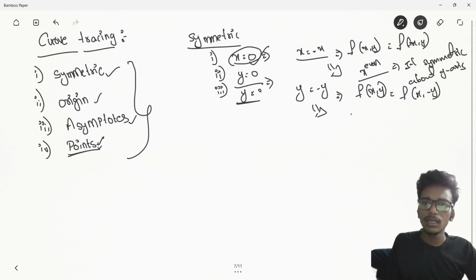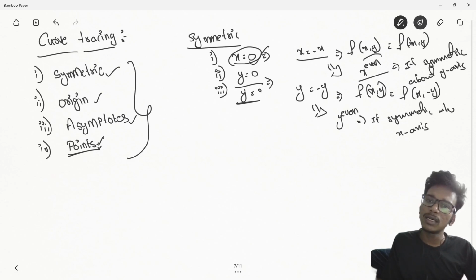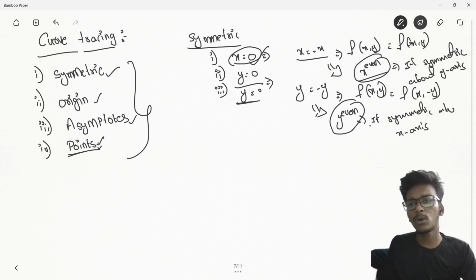A simple trick to find it: if a given function has y variables whose powers are even, then it's symmetric about the x-axis. Quite opposite, I mean, if x has even powers, then it's symmetric about the y-axis. If y has even powers, then it's symmetric about the x-axis.